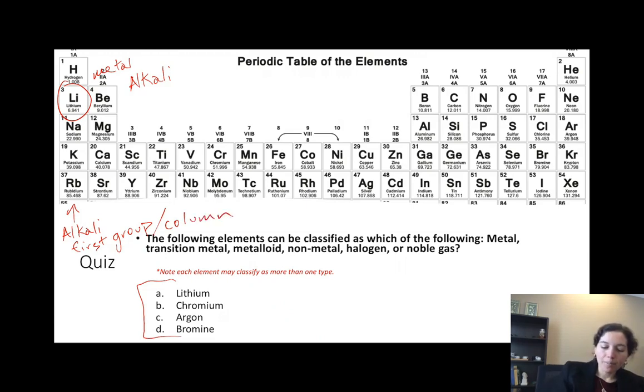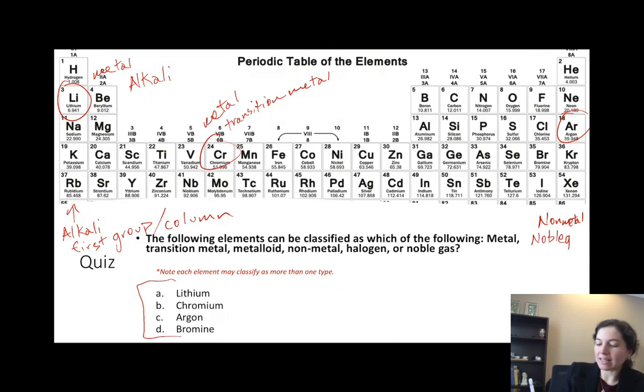Then our chromium right here, this is a metal, and it is a transition metal. Our argon over here, this is a nonmetal. It tends to be a gas, and it is a noble gas because it has a full octet and it doesn't like to react with things.